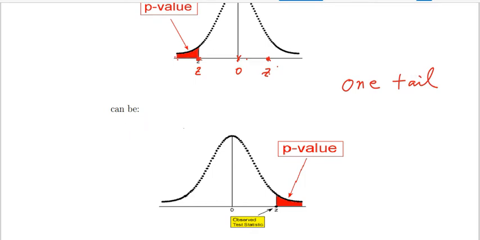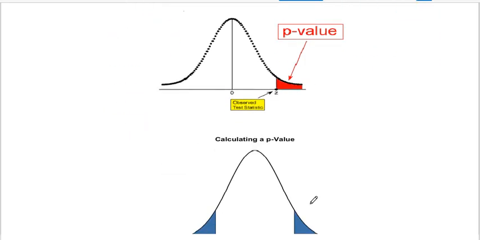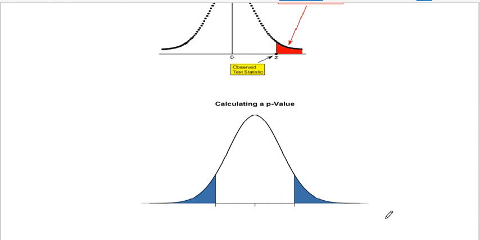Sometimes we need to check both sides, like when the cutoff point is here. We need to check this side and this side, so we count both sides in the p-value. This part also includes this part in the p-value.